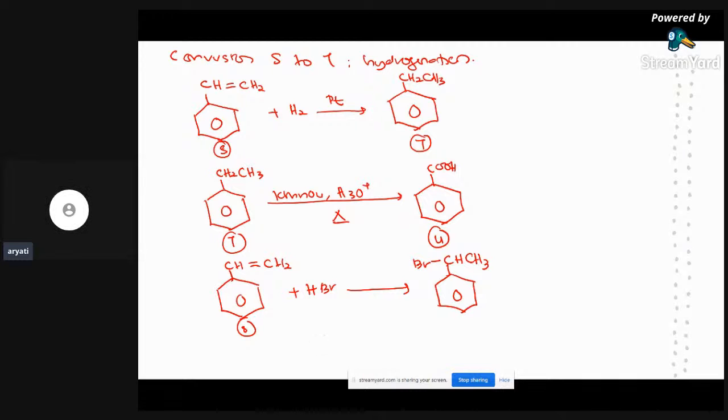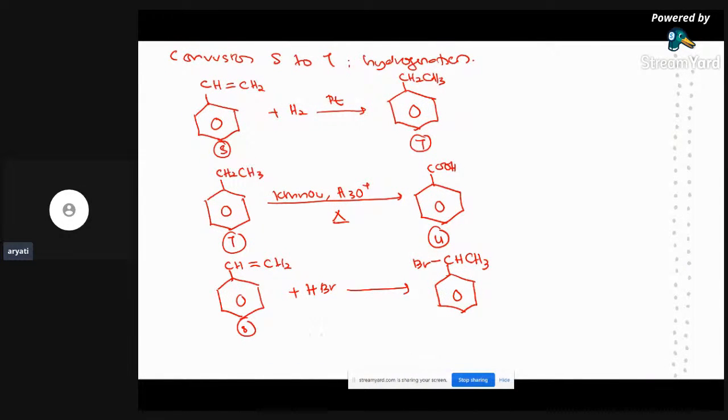So tindak balas S undergo ozonolysis, mesti nombor 1 with ozone followed by hydrolysis with zinc water.